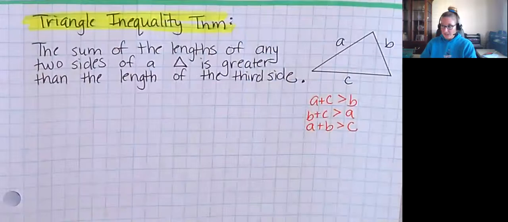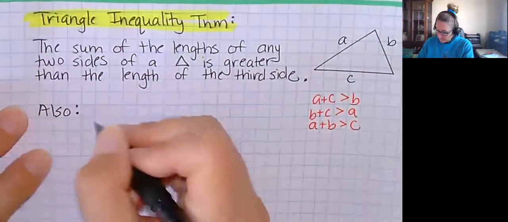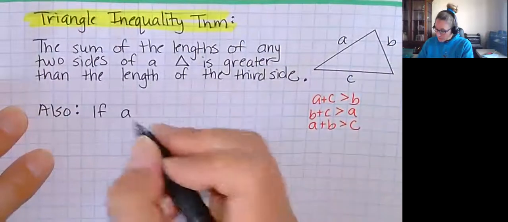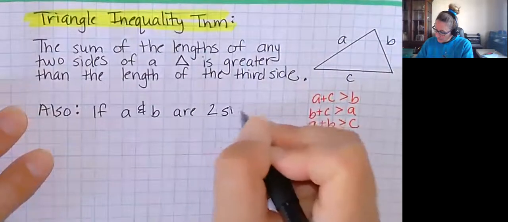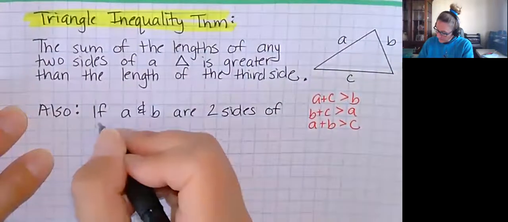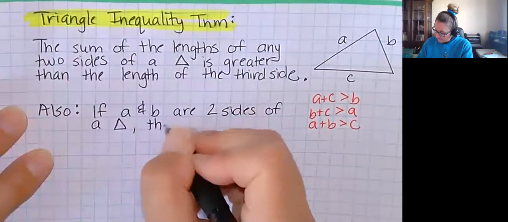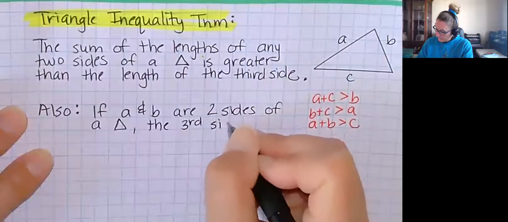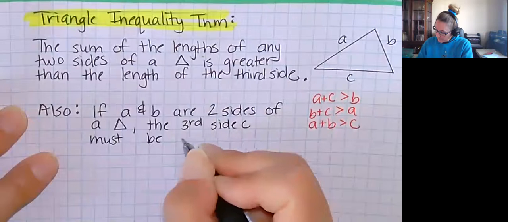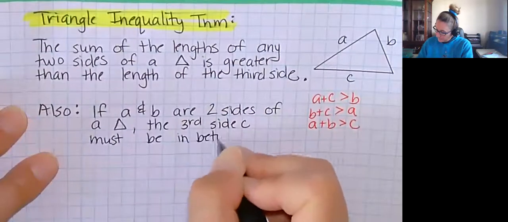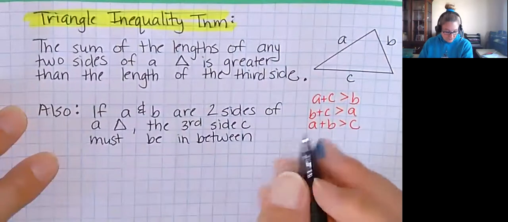Now, if you have an interval that you need to find, I'm going to write it in this form. So also, if A and B are two sides of a triangle, the third side C must be in between the difference of the other two sides and the sum of the other two sides.